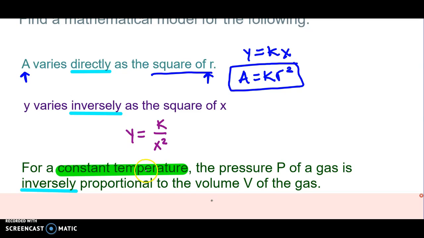So instead of using k this time, I'm going to use a T. The pressure P of a gas is inversely proportional to the volume. So if you got this one right, you should have had P equals T over V. If you didn't get them right, just think about what you were thinking. Think about why this is really what it should be.